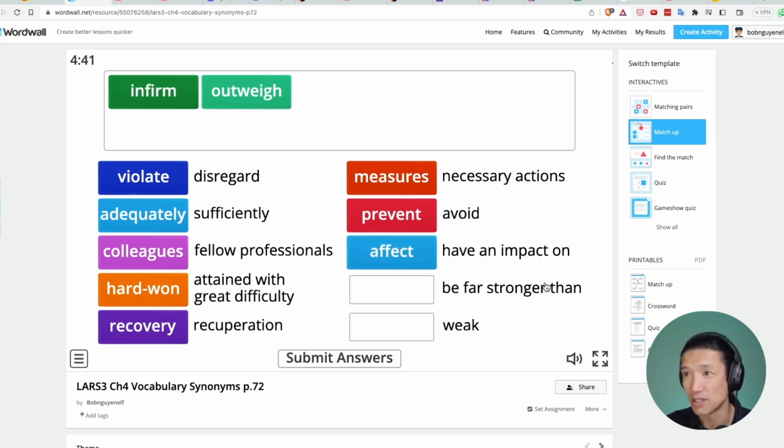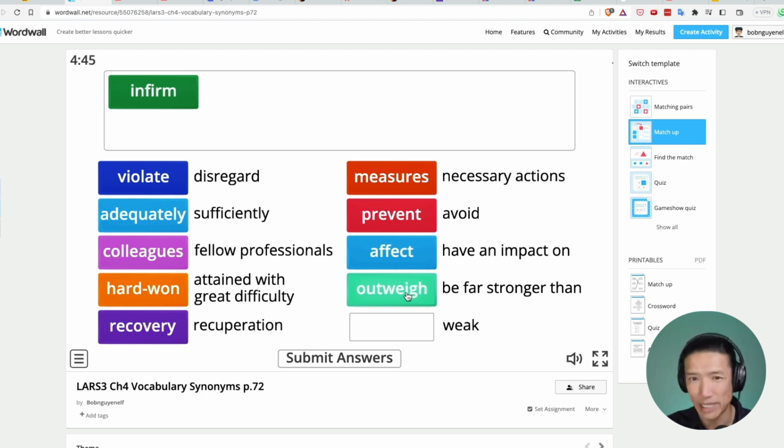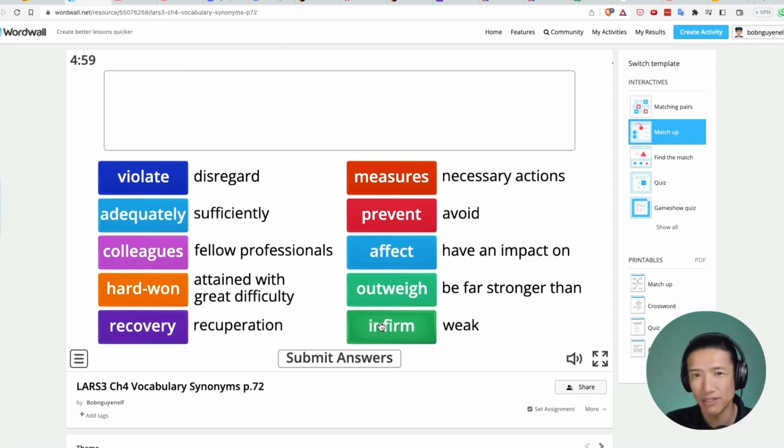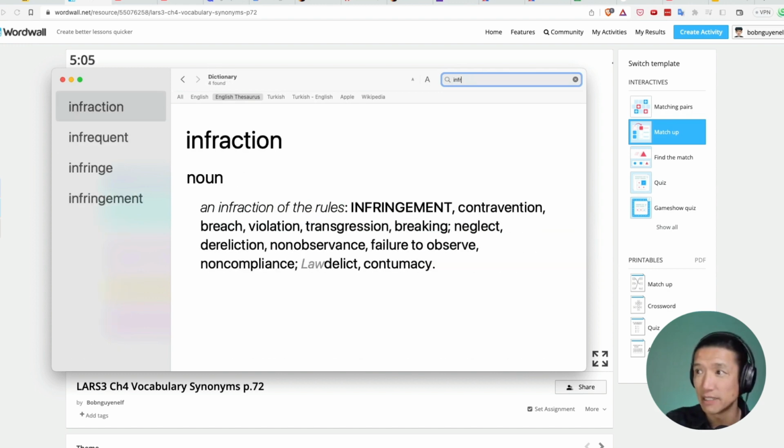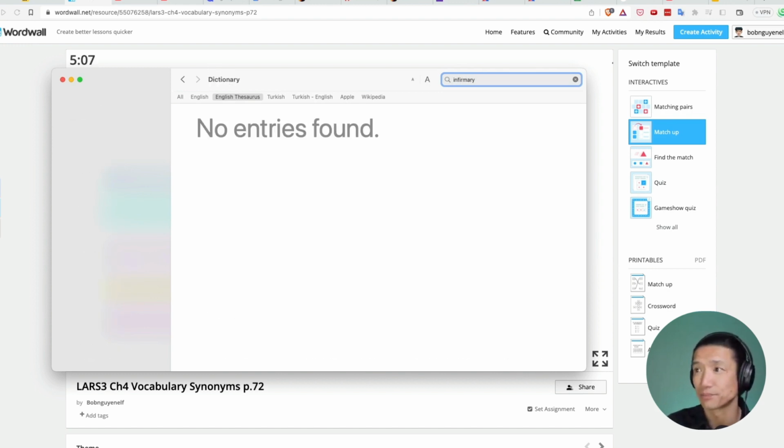Be far stronger than. I think just outweigh something. The benefits, the pros of this outweigh the cons. There's nothing perfect in life. We have to always compromise. Weak means infirm, and infirm usually means something with sickness, with illness. We can be in a place called an infirmary, and it's like a hospital.